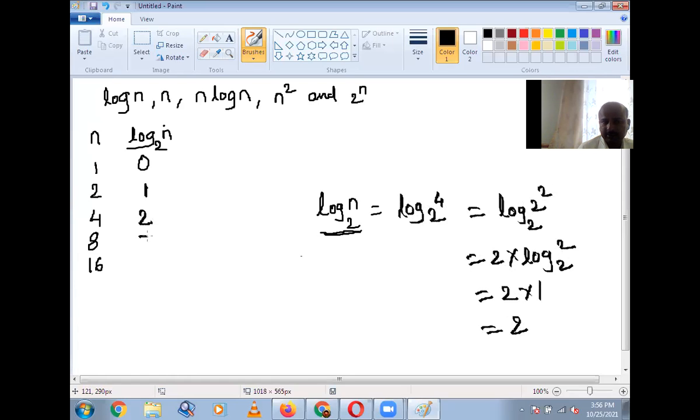Similarly here we get 3, here we get 4. Are you getting?